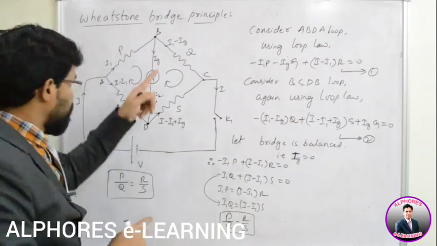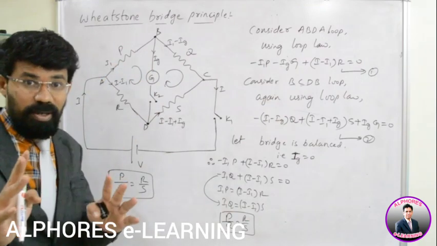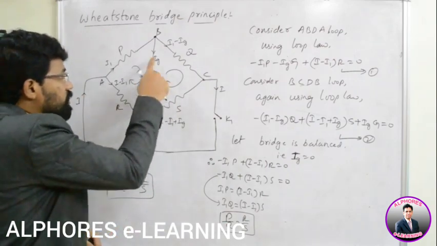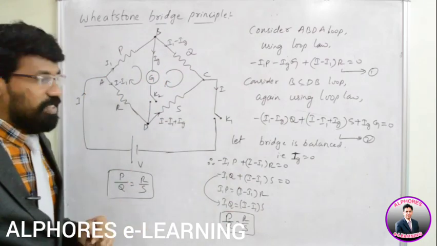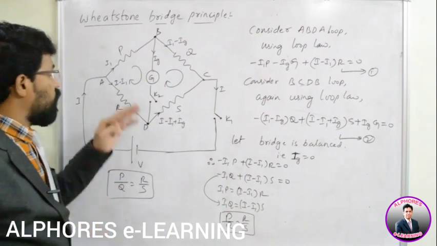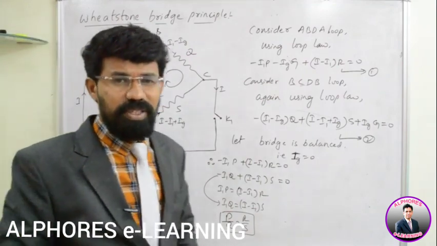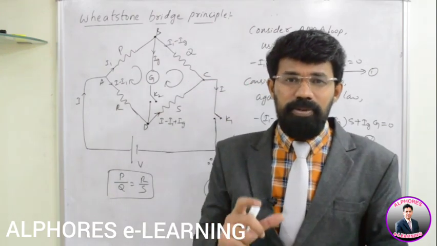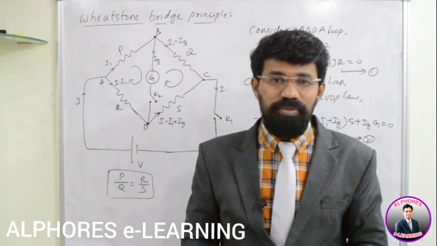We can. But in this particular circuit diagram, this branch is interrupting. If the bridge is balanced, there is no current, so no need to consider this branch. You just remove this one and imagine P and Q will be in series, R and S will be in series. So this entire PQ branch will be parallel to RS, and you can find the effective resistance very easily. So that's how Wheatstone's bridge principle knowledge helps us simplify a few circuit problems.